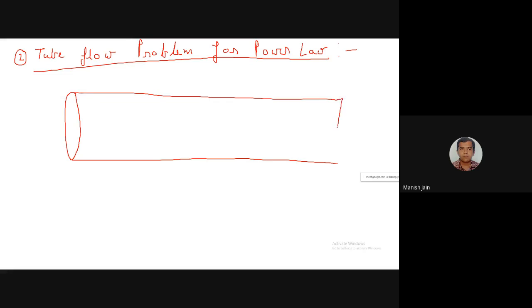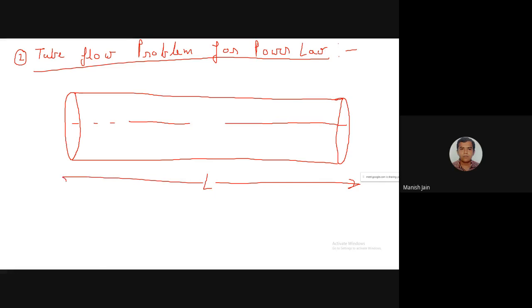We have already solved this problem for Newtonian fluid. The length of the tube is L. Here you have pressure P0, here you have the pressure PL. This is the z-axis, this is the r-axis. So we have already solved this problem using the equation of motion.